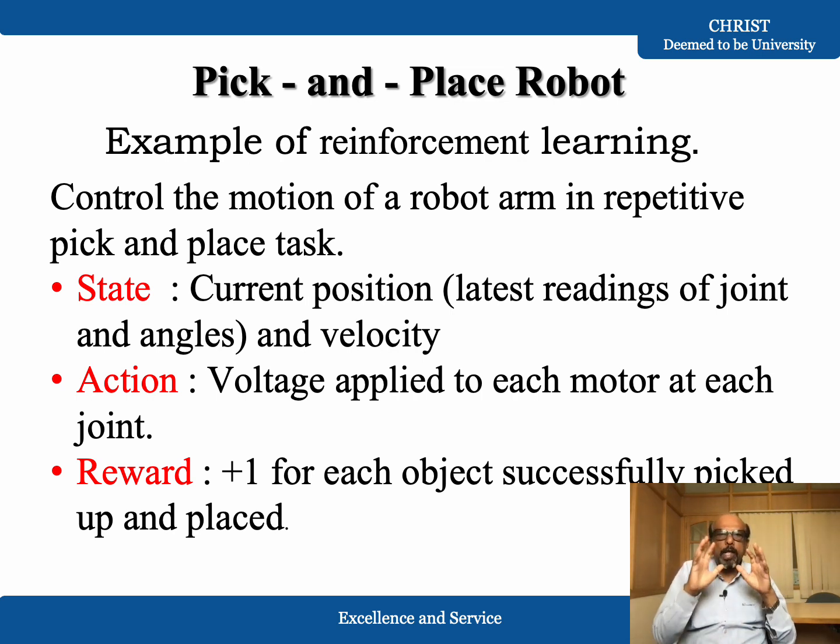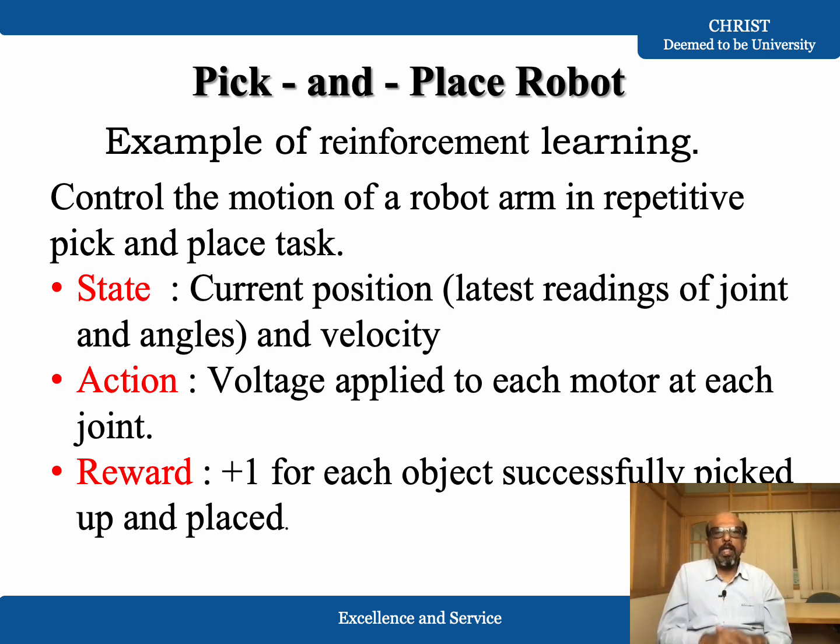The pick and place robo is controlled by several motors in the arm. So it has to move, it has to turn, it has to pick up, and then it will have to drop. So the state is defined by the current position, latest readings of the joints, angles, and velocity. So that defines the state of the system.